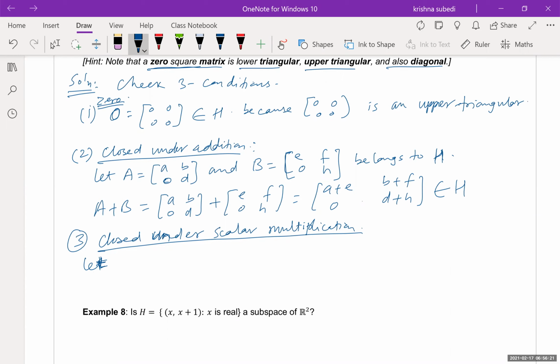Let A equal [a, b; 0, d] be in H, and let k be a scalar.